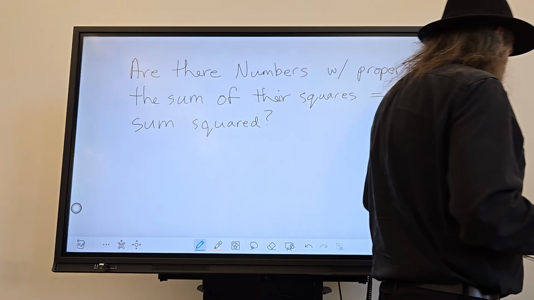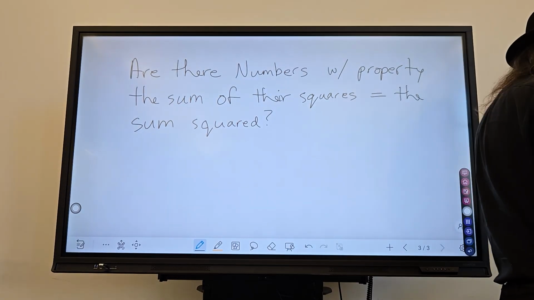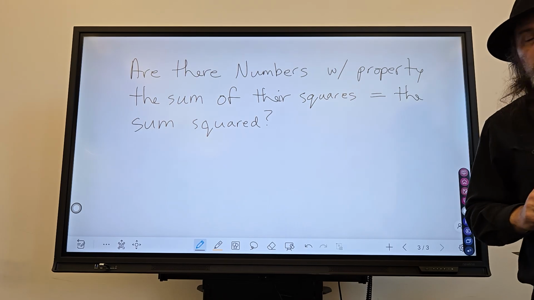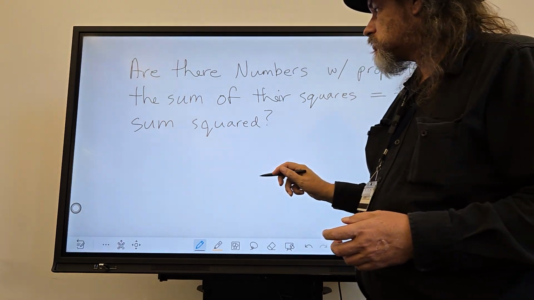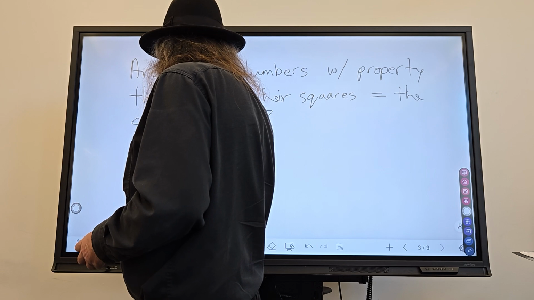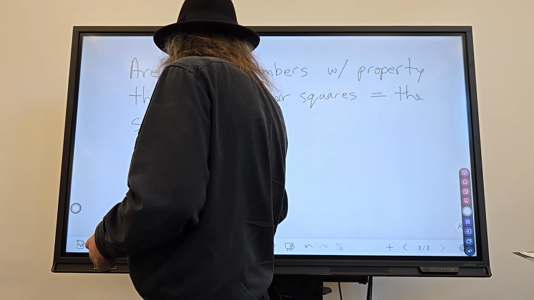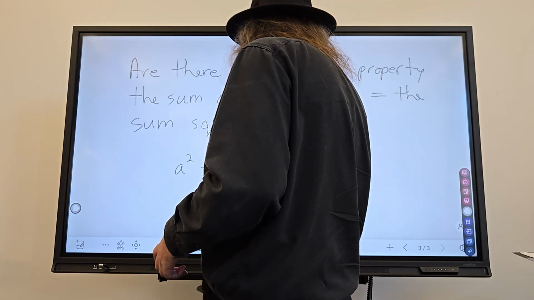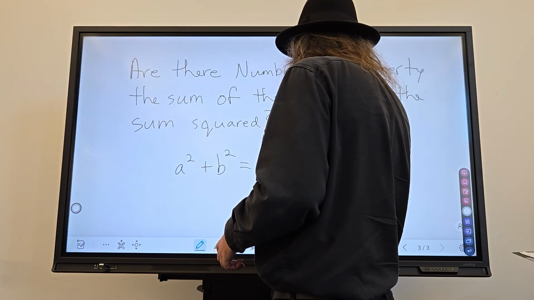How would you express that in a formula with variables? The sum of the squares, a squared plus b squared equals a plus b squared.